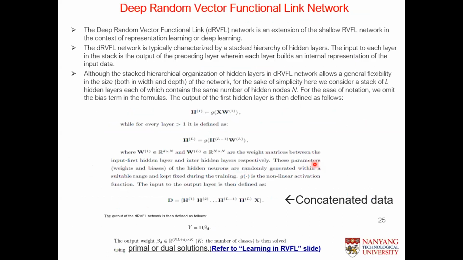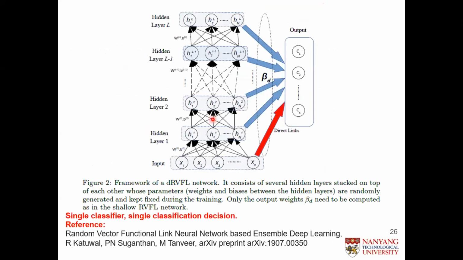First, the deep RVFL, and instead of going through the text here, maybe I will just show you the picture. So this is the deep RVFL version that we suggested, and this structure is similar to the deep echo state network, ESN. So some of you may be familiar with deep ESN.